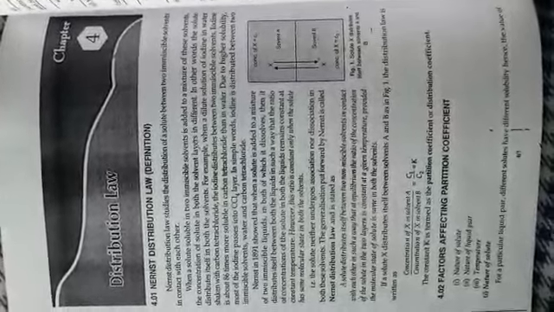If a solute X distributes itself between solvents A and B, the distribution law is written as concentration of X in solvent A upon concentration of X in solvent B is equal to C1 upon C2 is equal to K. The constant K is termed as partition coefficient or distribution coefficient.